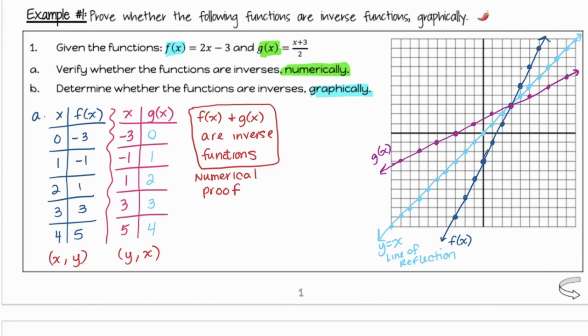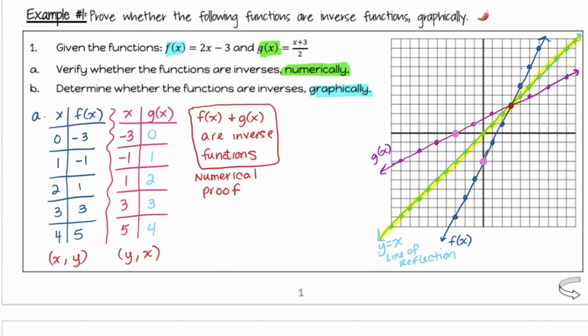We have been labeling since algebra, so the process itself of graphing is still the same. What I am going to do is just highlight that line of reflection. And I already know that these two functions are inverse functions of each other. Why? Because of the ordered pair itself. But if I look at each of these specific points, so let's say I pick this point here to focus on, I see that this point is equal distance from the line of reflection.